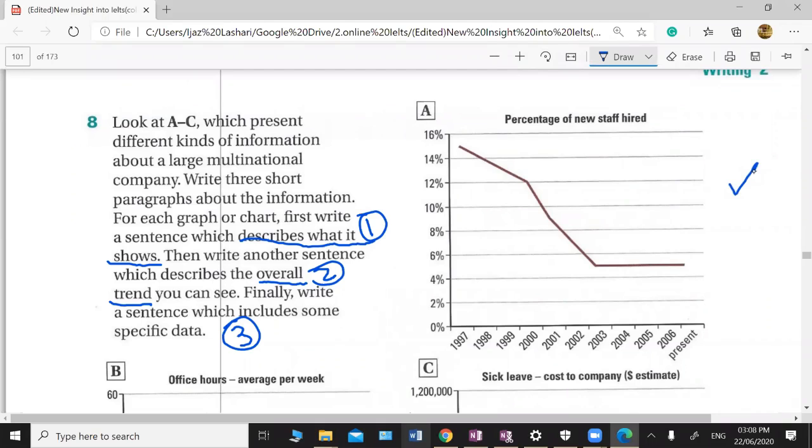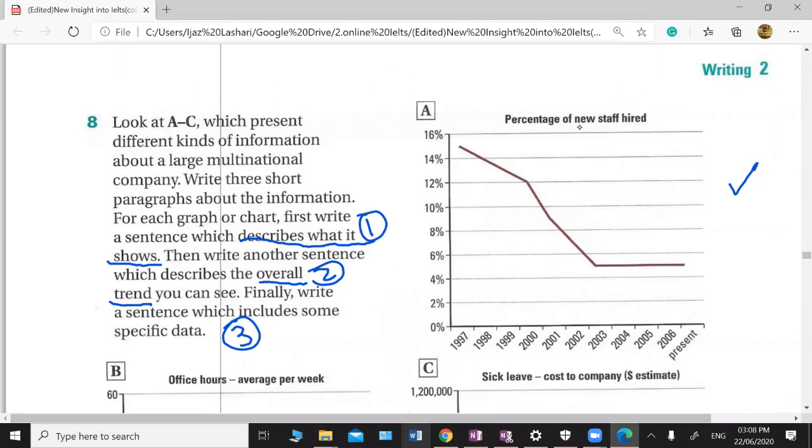And the topic is the percentage of new staff hired. If you look at the vertical axis, it shows the percentage of staff hired. Starting from 1997, it was 15%, see it, 15%, but then till 2000 there was a small decrease.